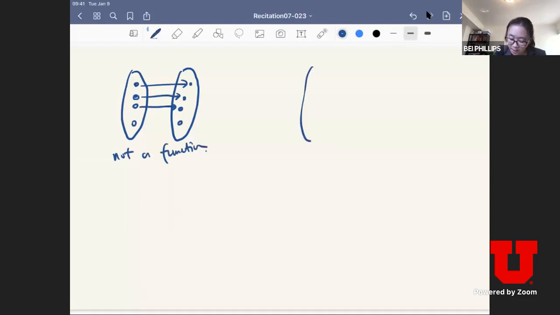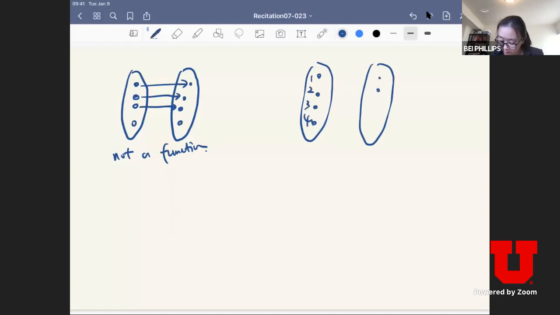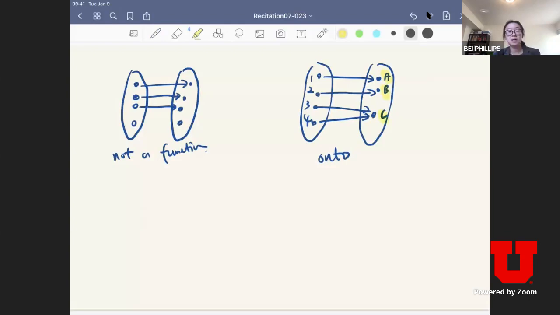All right, but let's look at the onto function. An example of an onto function is one such that for every single element in the codomain, something is mapped to it. So this is an onto function because for every element in my codomain, there is something in the domain that maps to it.